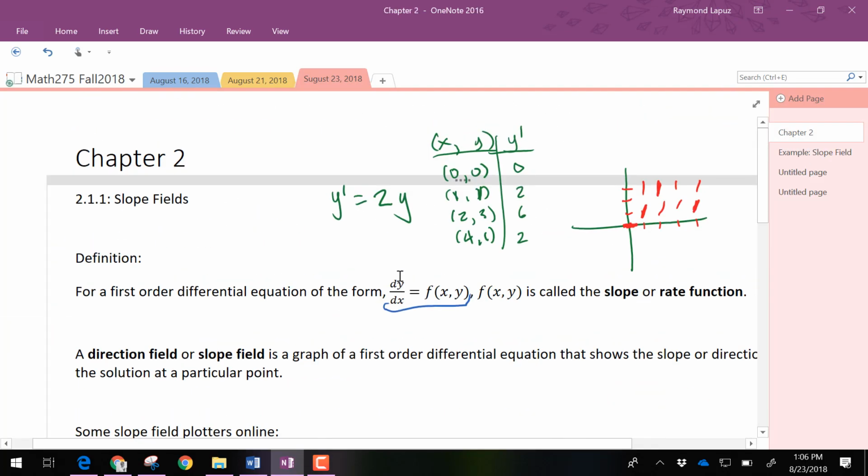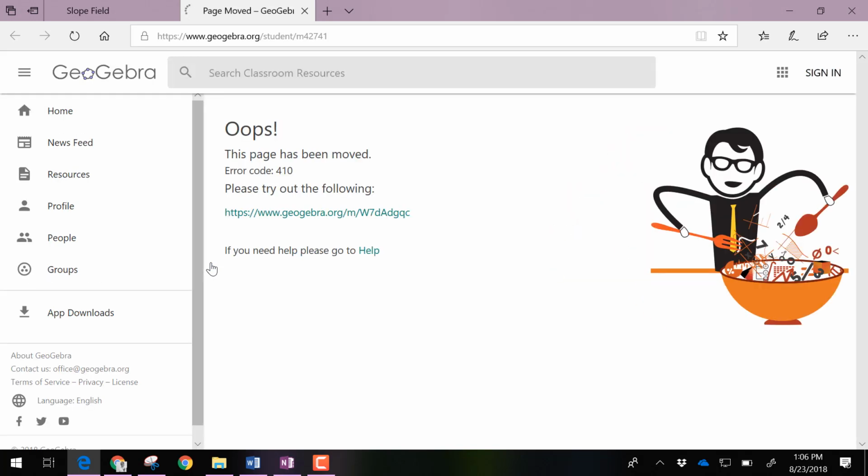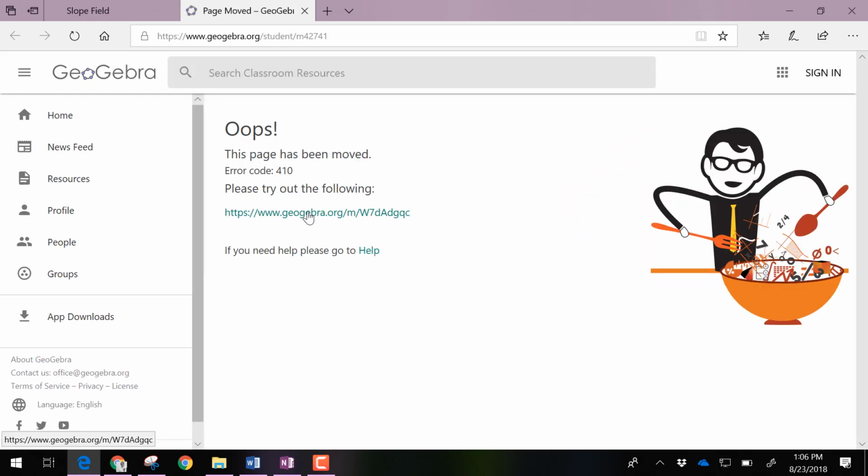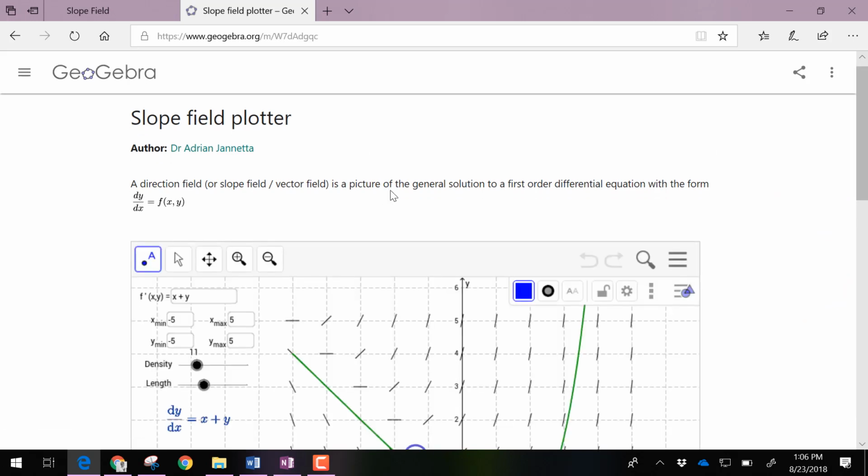So there's several of these computer programs, and I don't know which one I clicked on. Let me click on the GeoGebra one. Oops, it's been moved. We still have it.